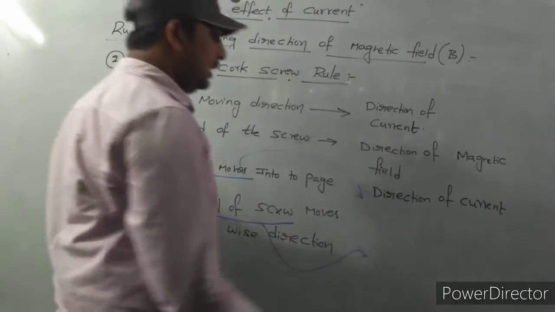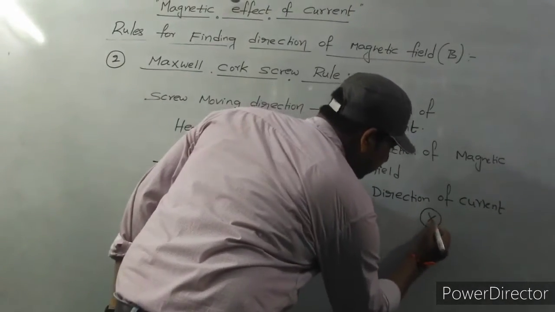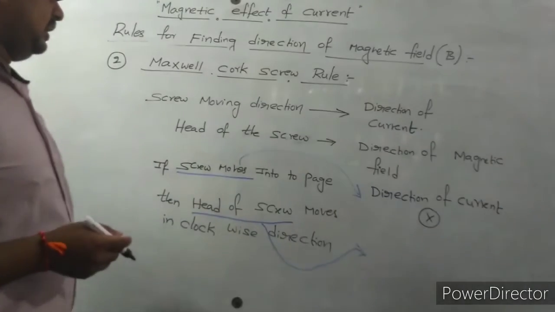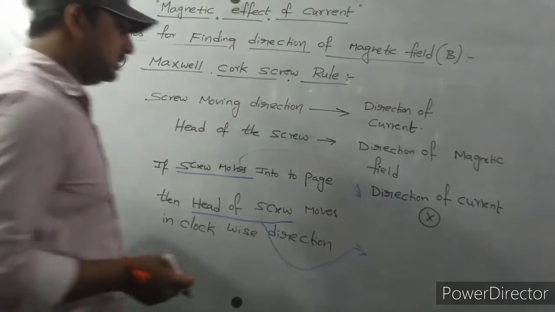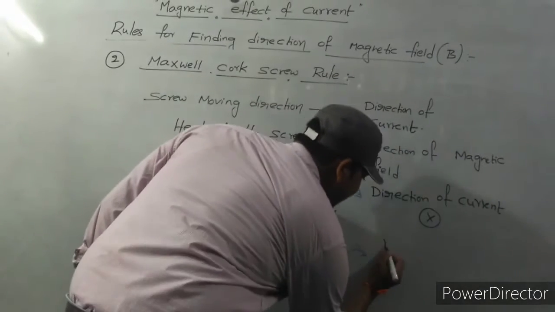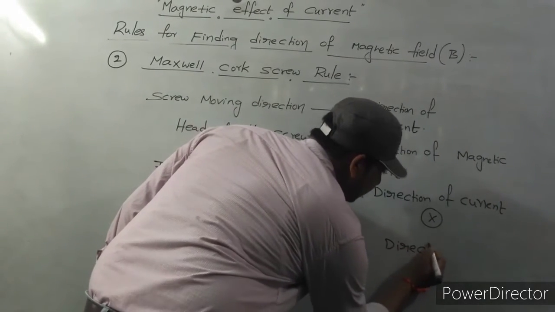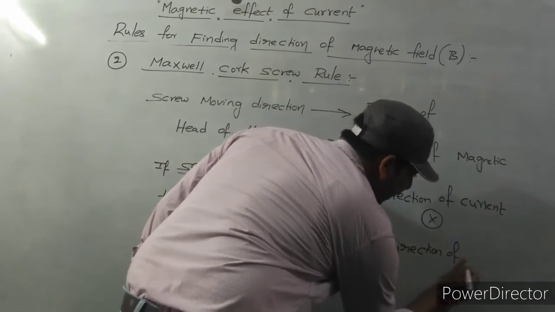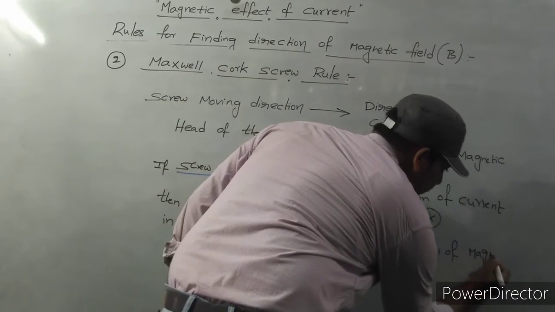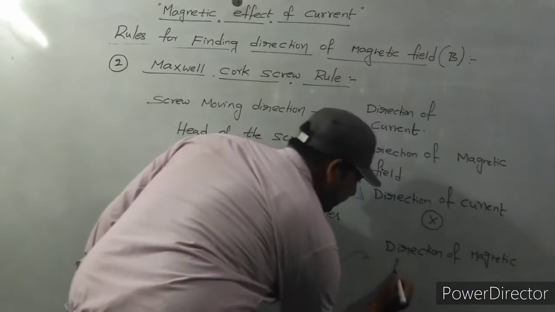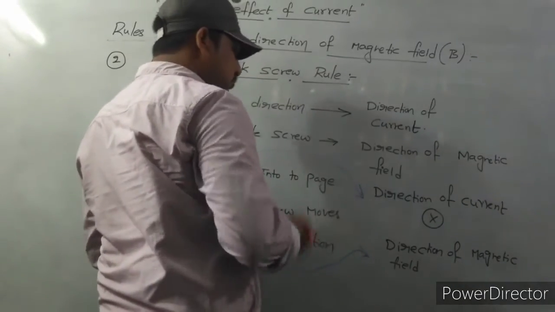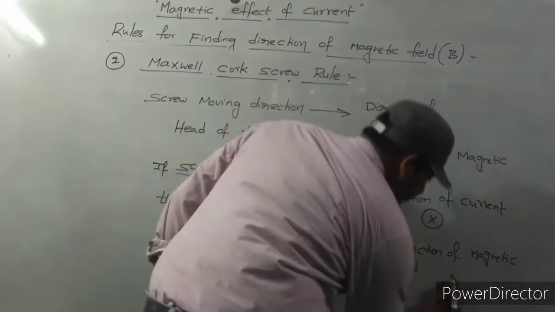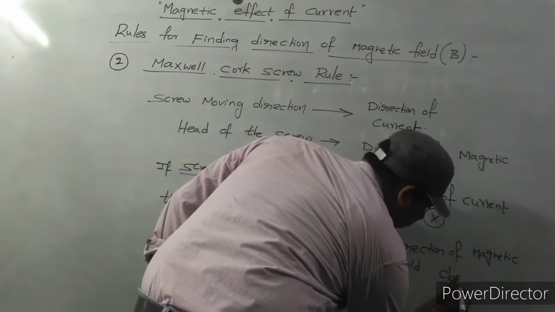So the direction of current is into the face. Am I right? That means the head of the screw indicates the direction of magnetic field. The direction of magnetic field moves in clockwise direction.